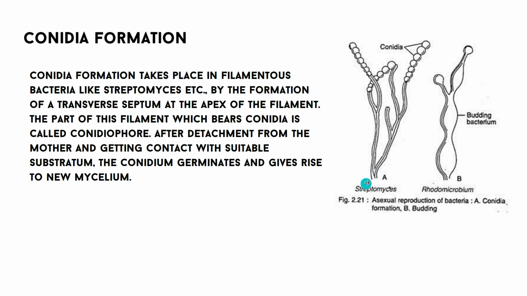So here you can see a hyphae or mycelium, and at the tip you can see the conidia, and this is called as conidiophore, and this is called as conidia, and this conidia detaches from this and tries to germinate when it encounters suitable substrate.